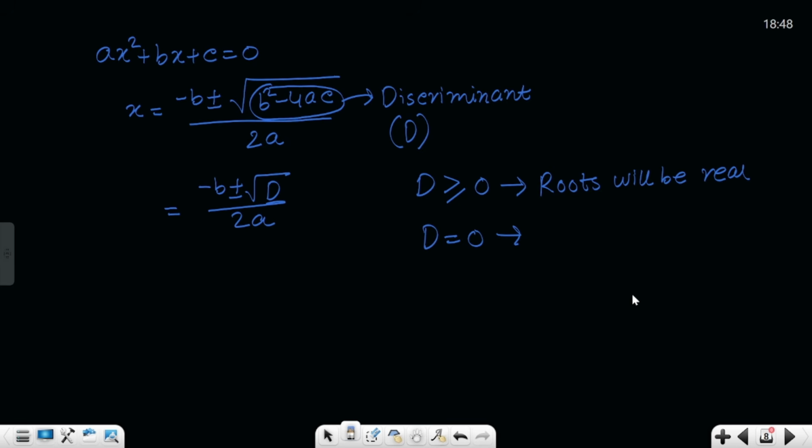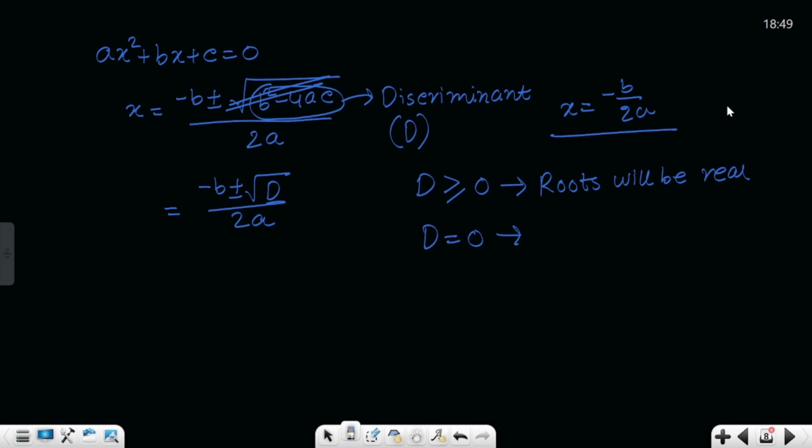Now, d equal to 0 is also a condition of real roots, but now I am taking d strictly equal to 0. If b square minus 4ac is equal to 0, the whole root part will be cancelled out, and minus b by 2a will be left. So our answer will be x equal to minus b by 2a only, because root 0 is equal to 0.